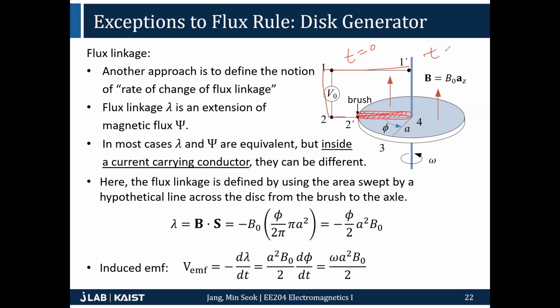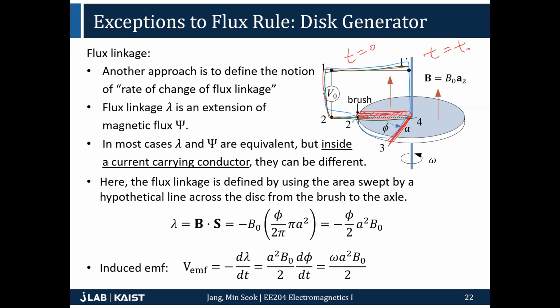And when t is t0, some time after, this line went to this point, because after some time t, this line just rotated and arrived here. We can then say that after this time, our circuit looks like this, and originally, our circuit looked like this. So this is how we define our circuit area.